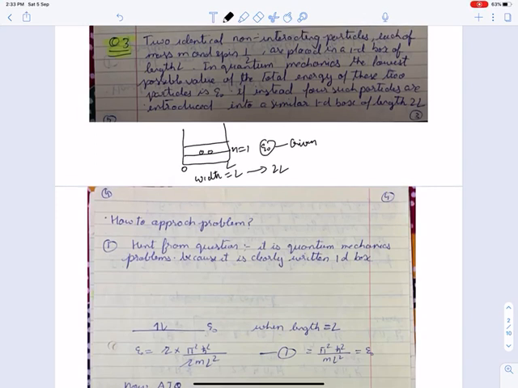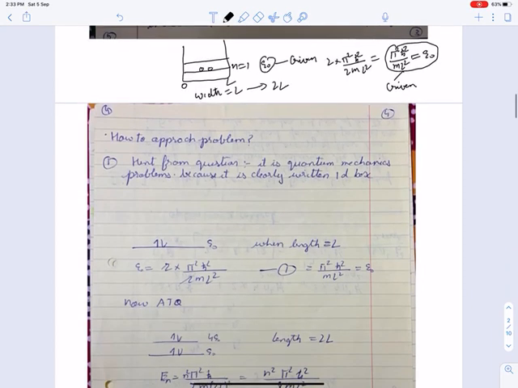So 2 into pi square h cut square upon 2mL square is equal to pi square h cut square upon mL square, and this is epsilon naught. This is given in the question.